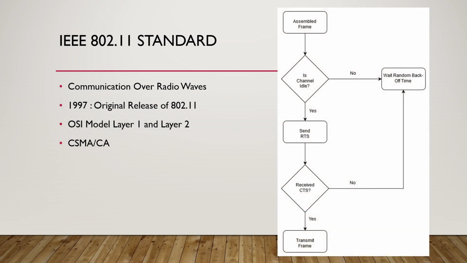The way this works is, once a frame is assembled, if there is a free channel available, then the transmitting device will send a ready to send frame, and if the transmitting device receives the clear to send response, then it will transmit the frame. In case there is no free channel available or the transmitting station does not receive a clear to send response, then it will hold off for a random back off time before transmitting again.